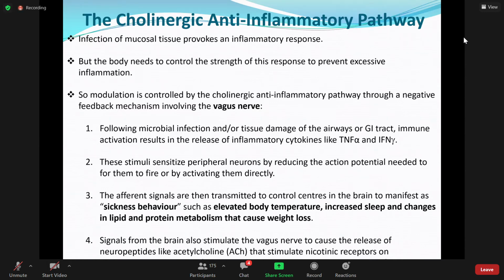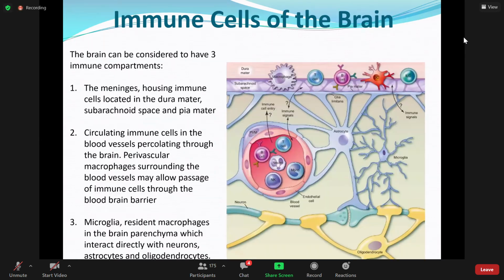So much for communication between the peripheral immune system and the brain. What about immune cells in the nervous system? Keeping in mind the impermeable barriers of the blood-brain barrier and the meninges, there are three discrete points of immune activity in the brain.